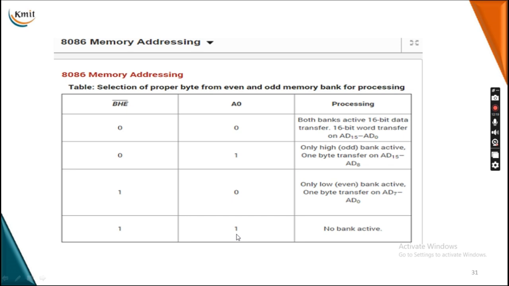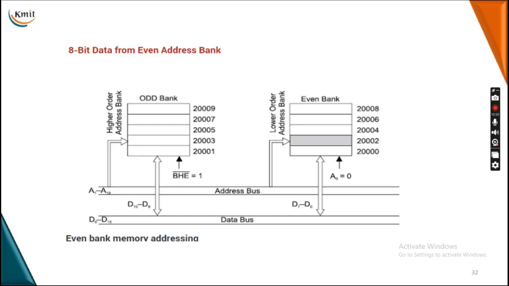So please be clear with this. Depending upon these two, your selection of even and odd memory bank will be processed. Clear? See, first 8-bit data from the even address bank. Here, as you can see, this is my shadow one, so the data is being transferred from here, whereas here it is inactive, because you can see BHE bar is 1, A0 is 0.